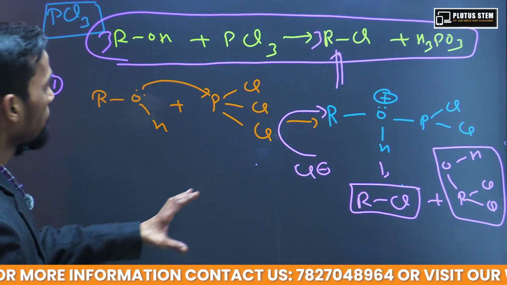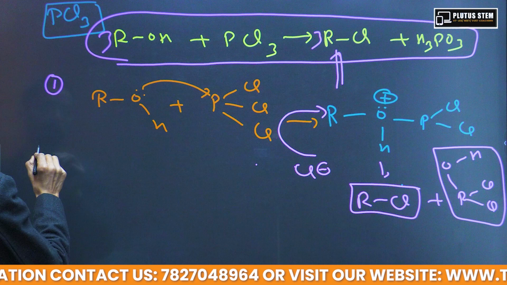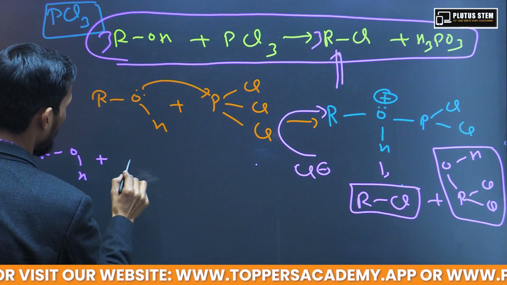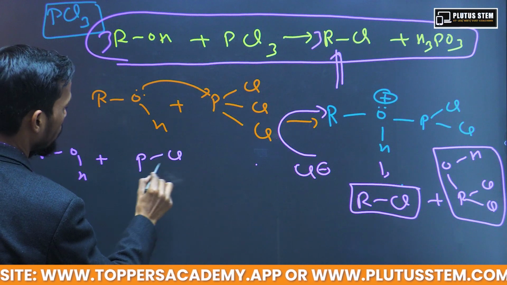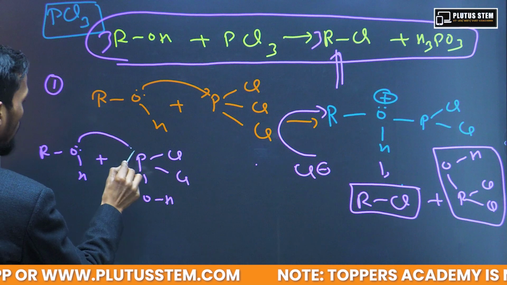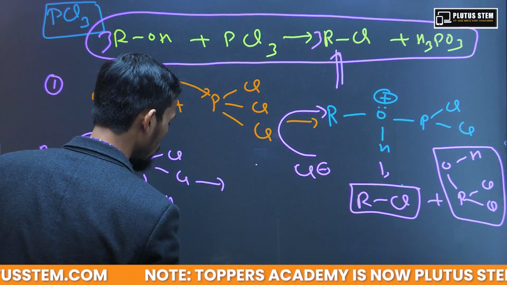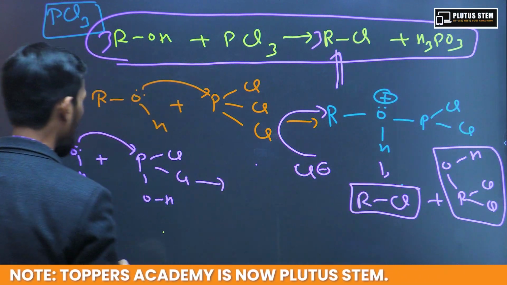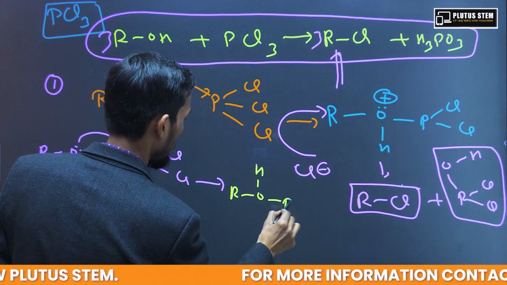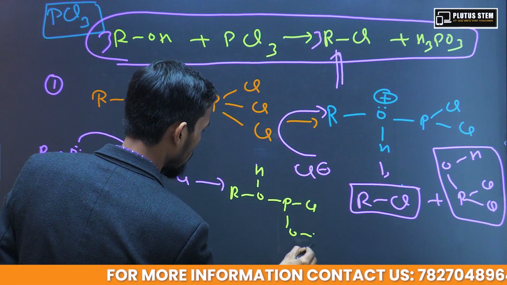In the second step, what we will see, another moiety of ROH will react with that PCl2OH. It will attack over here, and the same thing will happen. This time ROH, PCl and OH.